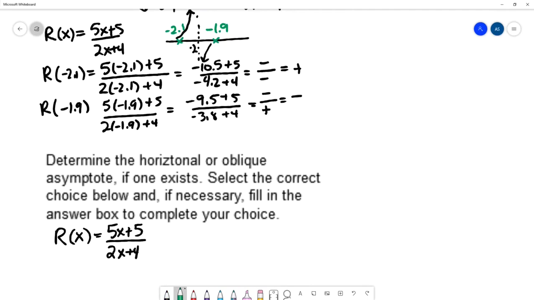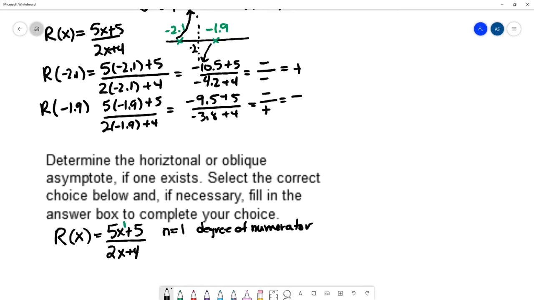So these rules involve the degree. So we need to know the degree of the numerator, which we usually call n. And for the numerator, we have x to the first power, and so we have a degree of 1. This is the degree of the numerator.